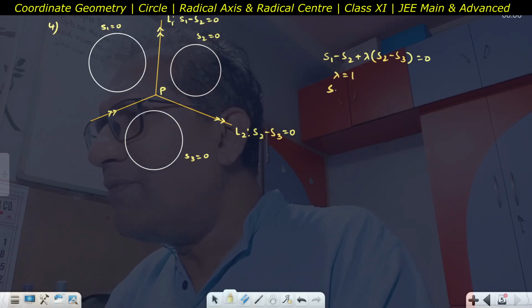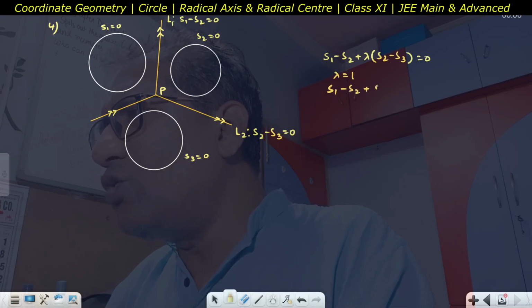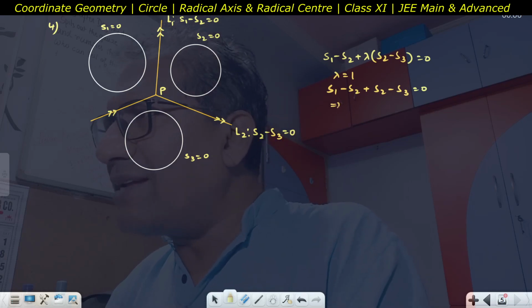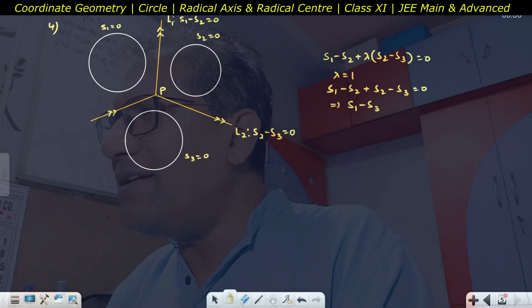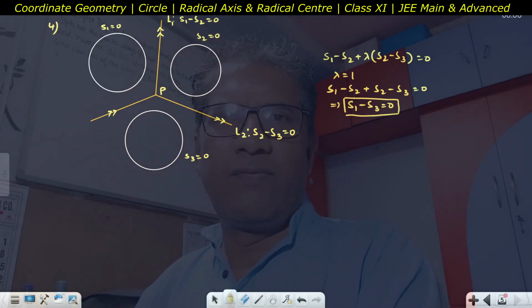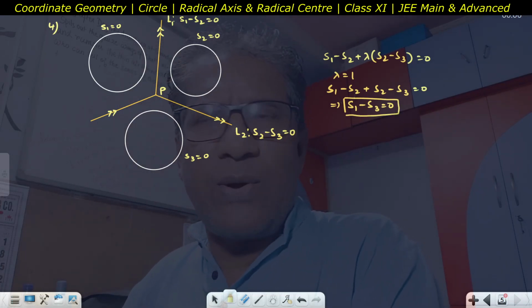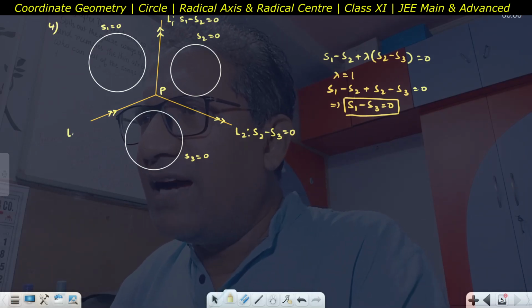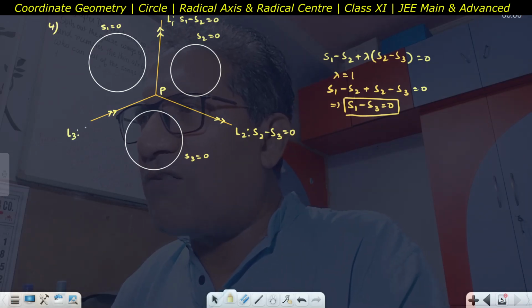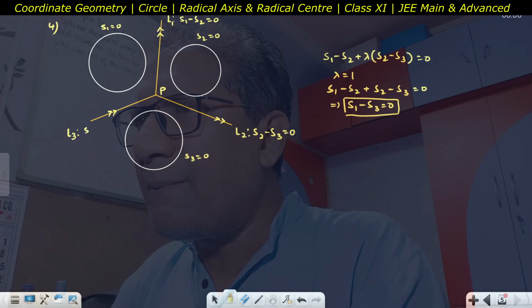Then what happens? S1 minus S2 plus S2 minus S3 gives us 0. So that implies S1 minus S3 equals to 0. And S1 minus S3 is nothing but the radical axis of S1 and S3.